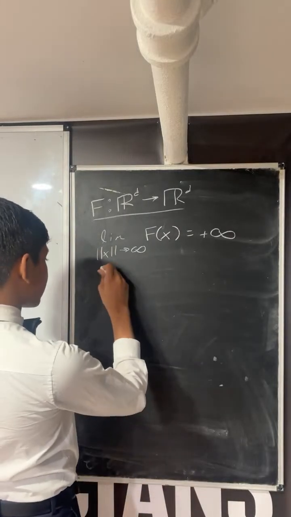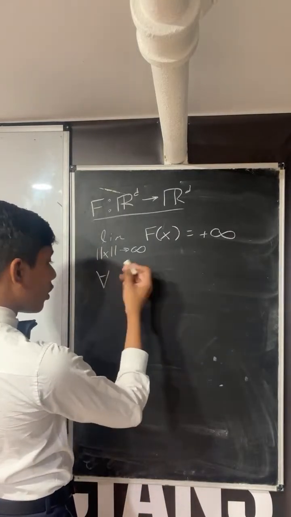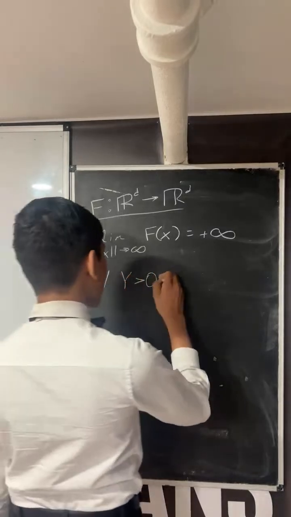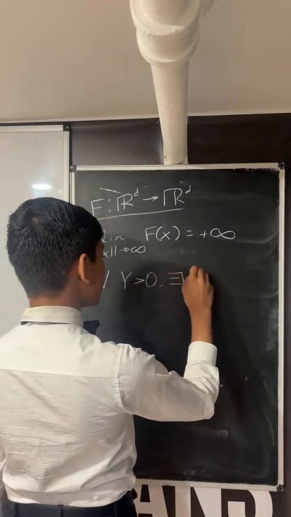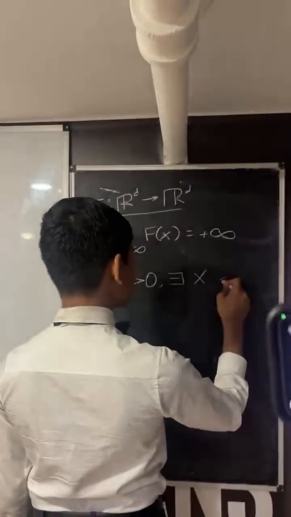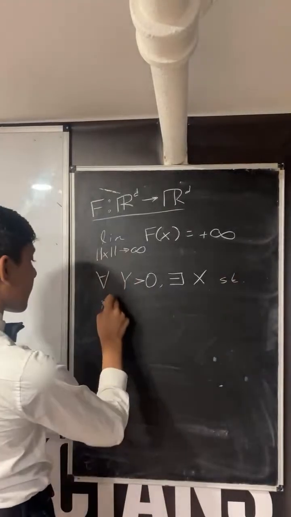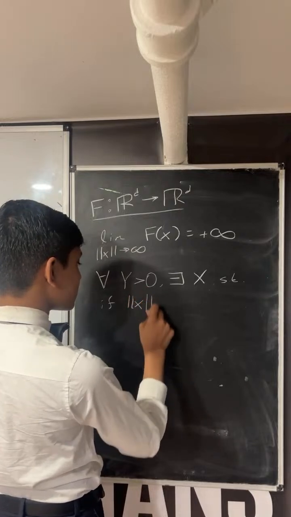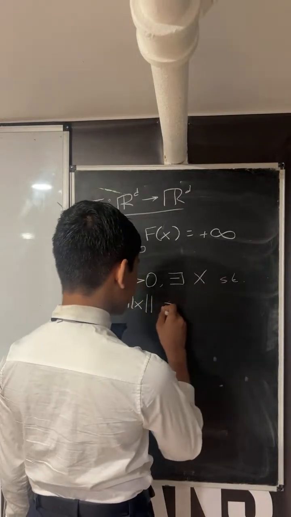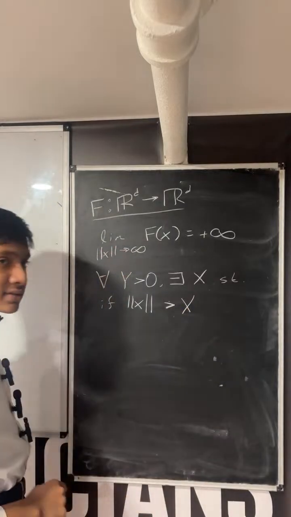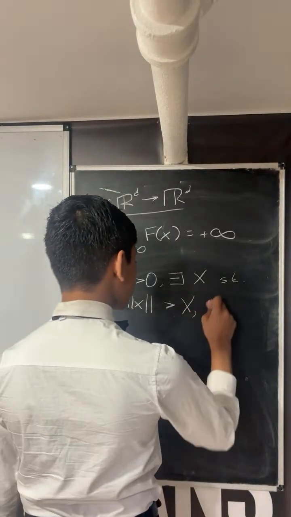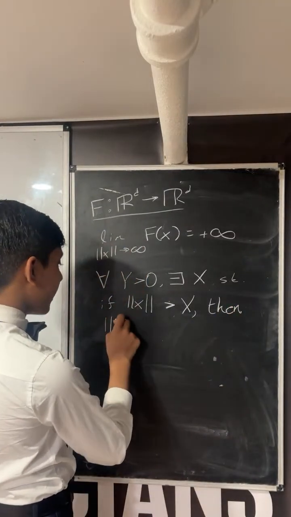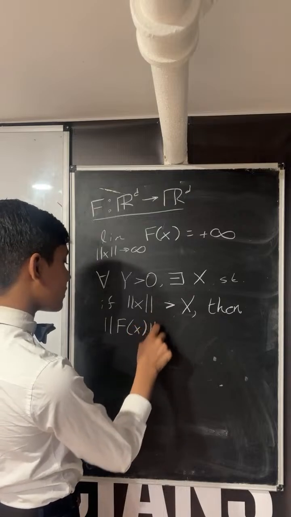Well, that means that for all y greater than 0, there exists x such that if the norm of x is greater than x, or big X, then the norm of f of x is bigger than y.